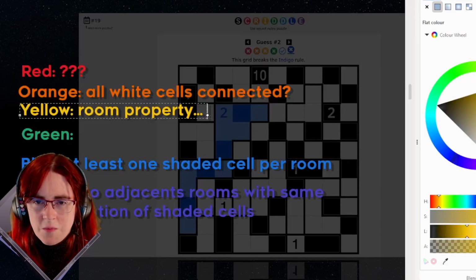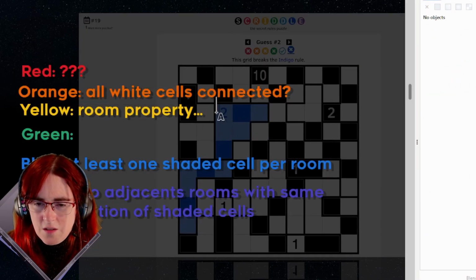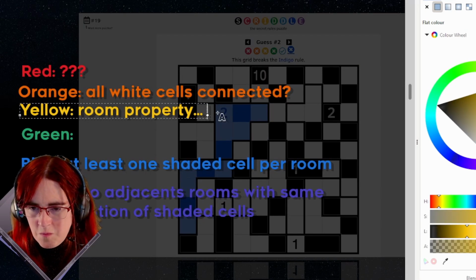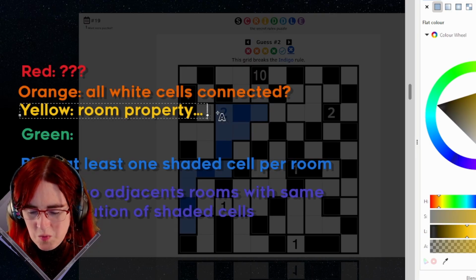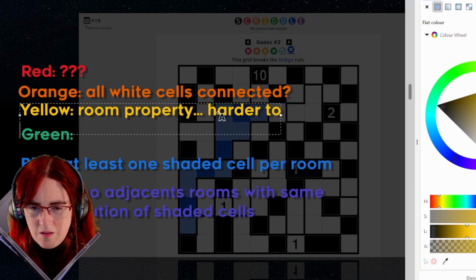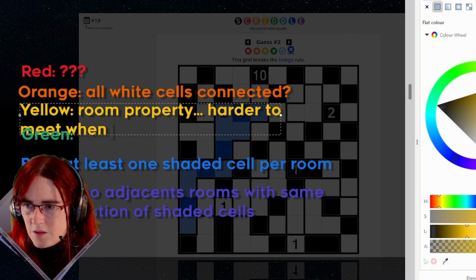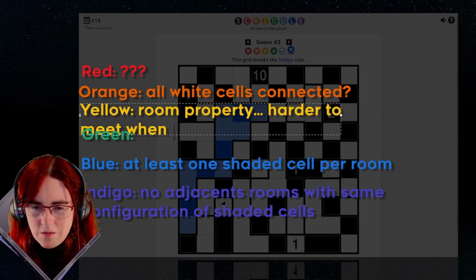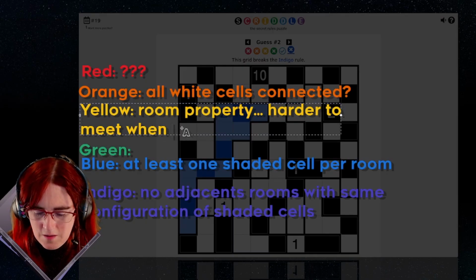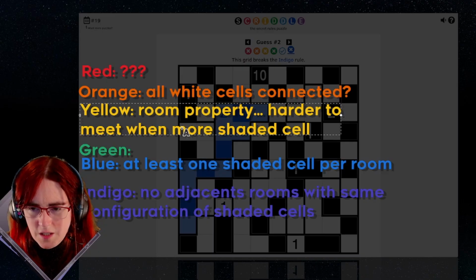I think it's coming up when I'm doing this. So yellow is a property of the room, harder to meet when there are more shaded cells. Oh, sorry, let me turn the shading window off.